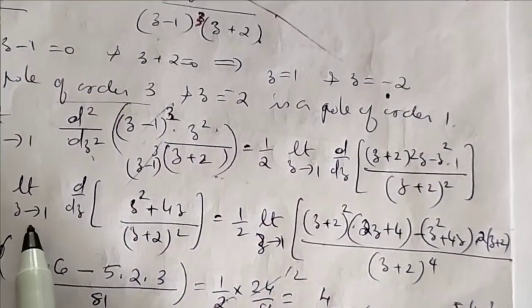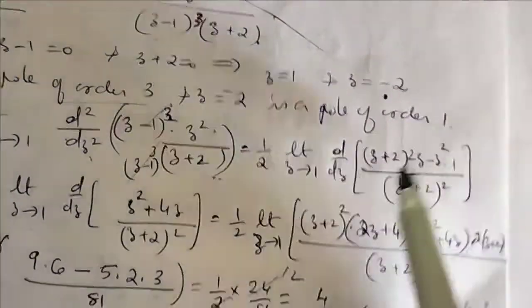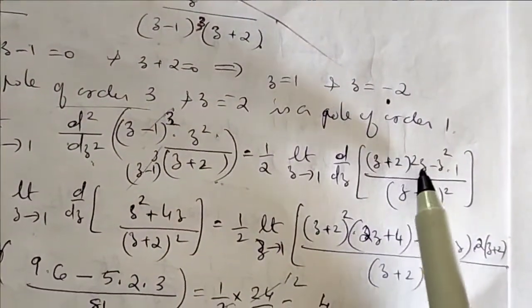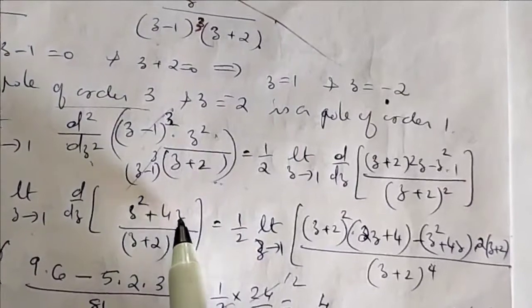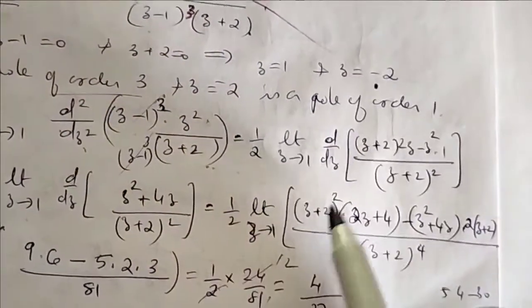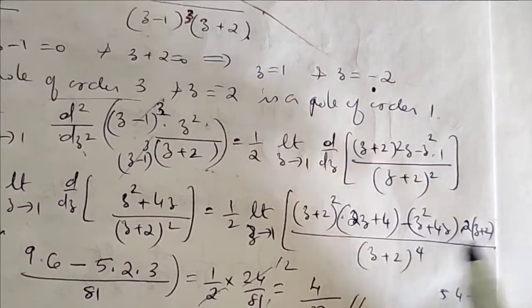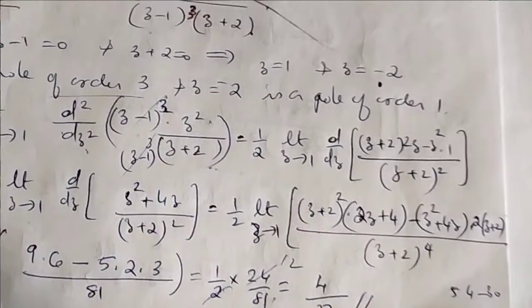So half limit z tends to 1 of d by dz of, simplifying, 2z square plus 4z minus z square, so z square plus 4z by z plus 2 the whole square. Again find the derivative: denominator into derivative of numerator minus numerator into derivative of denominator by denominator square. So it is half.